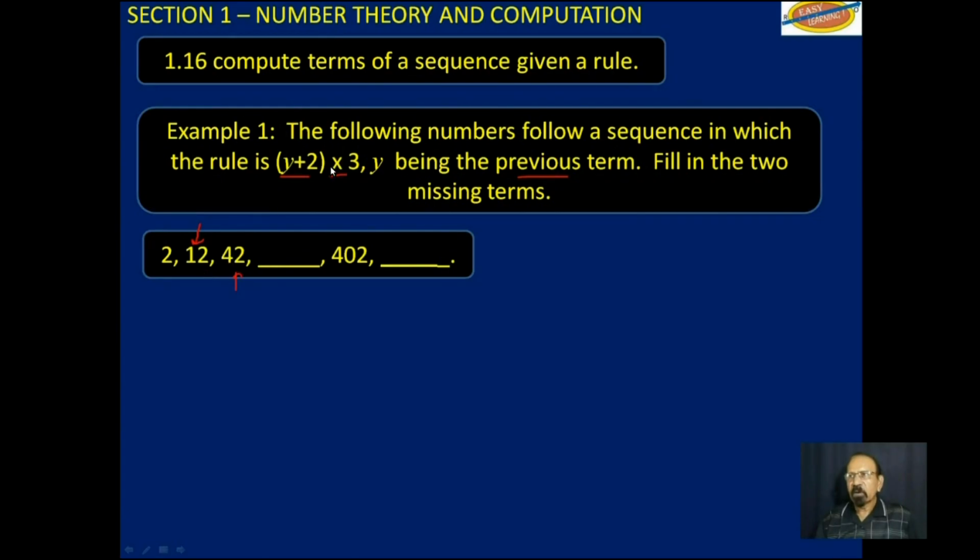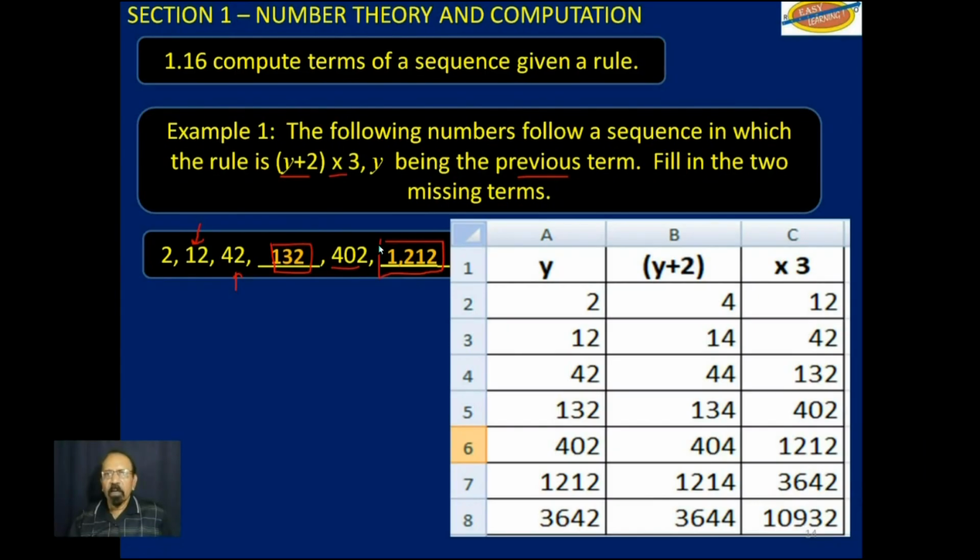So that would be 44 multiplied by 3, you get 132. You take 132, add 2, multiply by 3, you will get that. And now we will take 402, add 2, and multiply by 3, and we get 1,212.